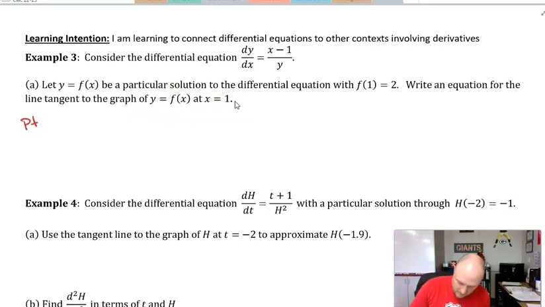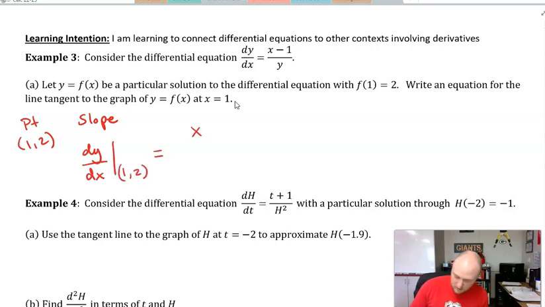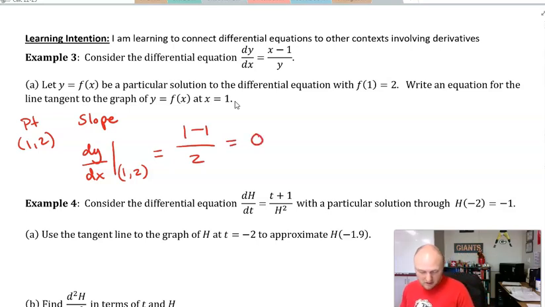The point I am given is 1, 2, and then I need slope. So I'm going to take dy dx and evaluate at that point, 1, 2. We plug this in, 1 minus 1 over 2, which is 0. So the slope is 0.